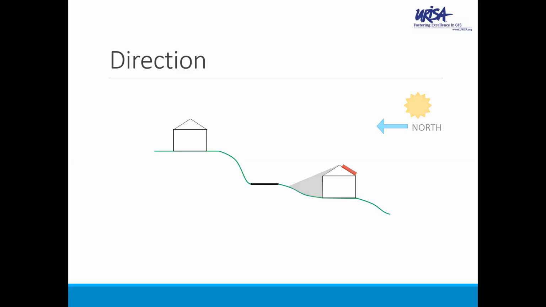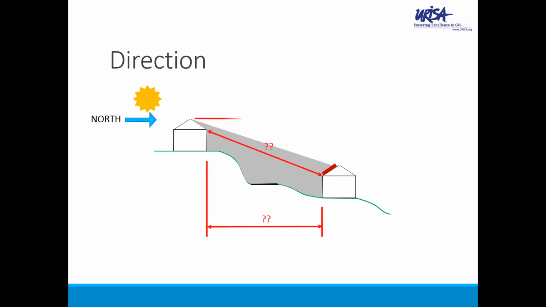If north is to the left, and the houses are in the northern hemisphere, the sun will be to our right, and there really shouldn't be any issue. But if north is to the right and the sun is to our left, especially the higher the latitude that we go, we will need to carefully analyze the directional as well as the horizontal and vertical relationships, because we can see here that in the wintertime, if we are far up north, the house on the right may have its solar panels blocked from the sun.